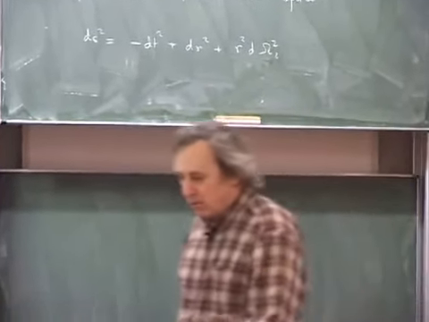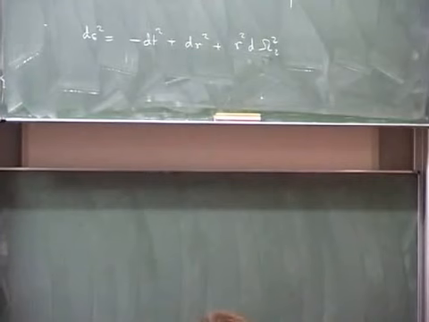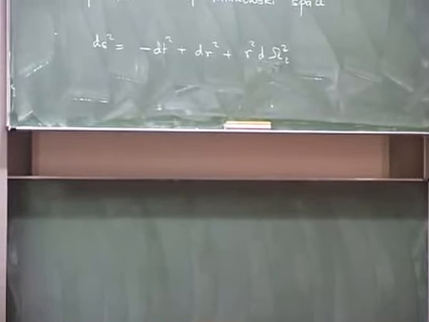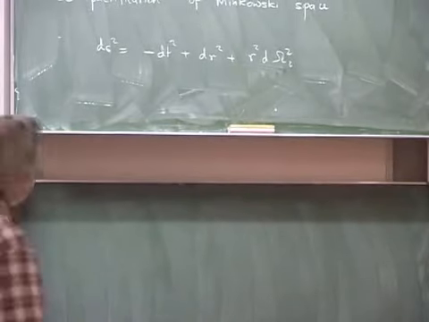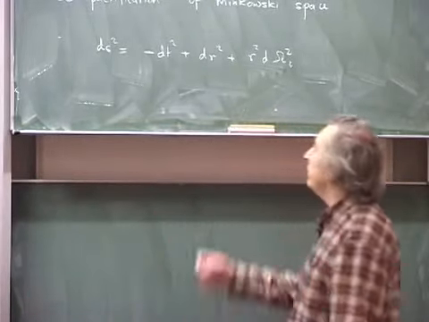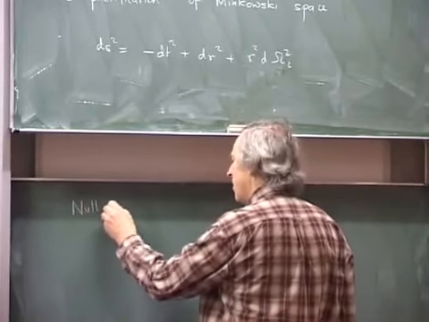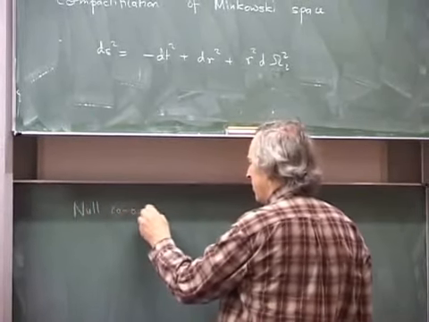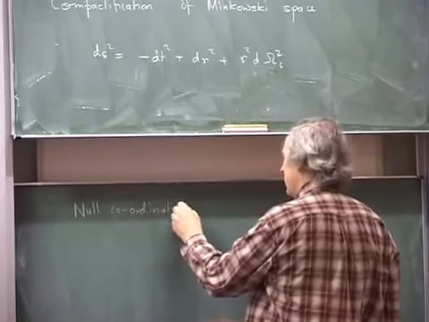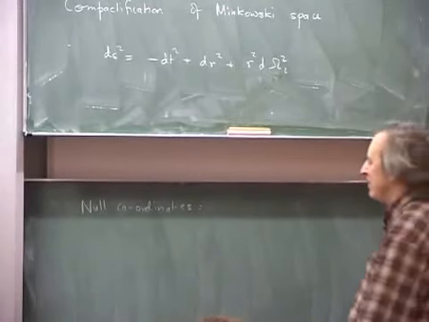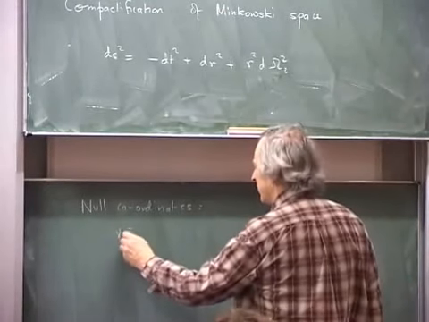So, what is the technique? Well, the technique is basically just to simply say, I want to, first of all, introduce null coordinates to describe Minkowski space. You know how to do that in the Schwarzschild metric, so it should be even easier for Minkowski space.